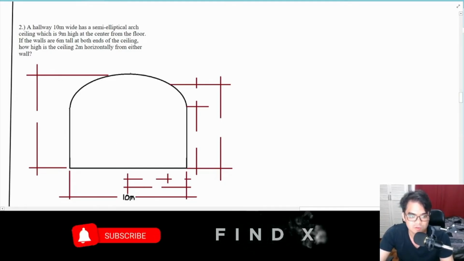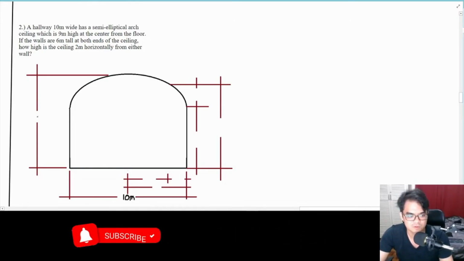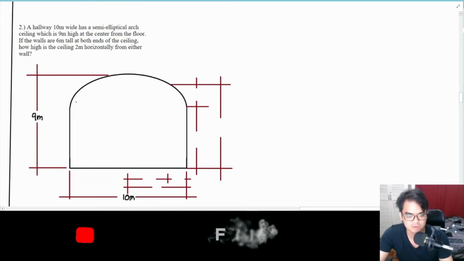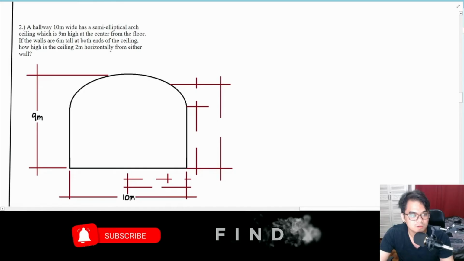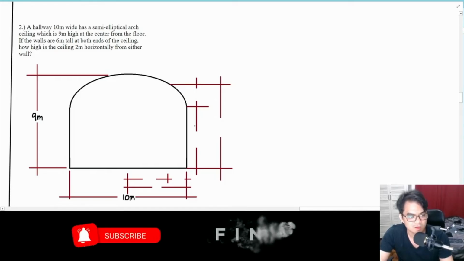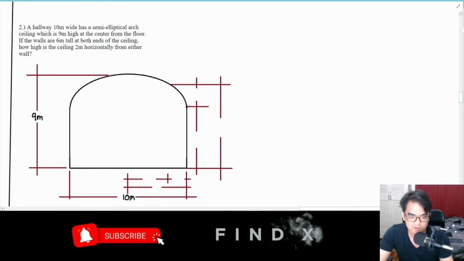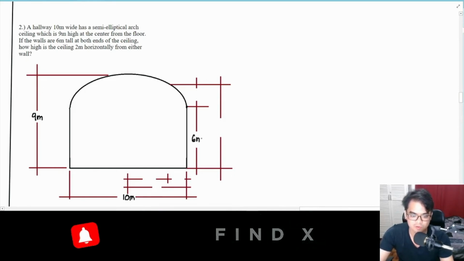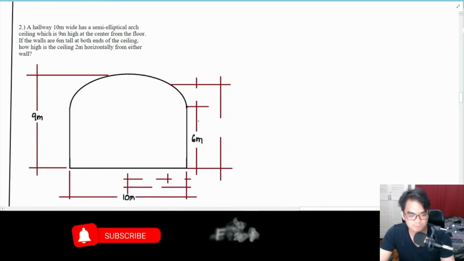So from the center to here, that's 9 meters. And the next one is if the walls are 6 meters tall at both ends of the ceiling, so the walls are 6 meters. These are 6 meters. Also, the other side is also 6 meters.